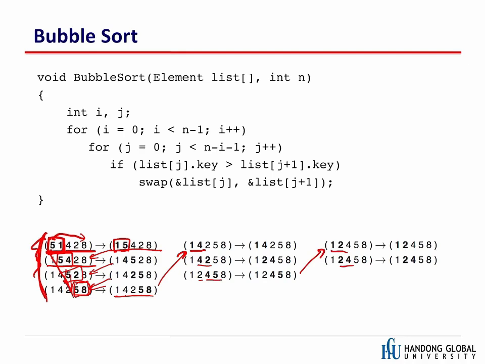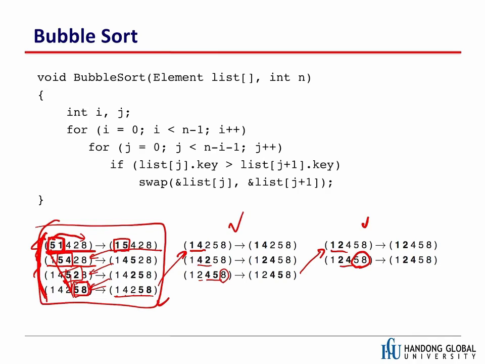Okay, so in these iterations, we don't check this last one, because think about the first iteration. After this iteration, the largest element will be the rightmost element.